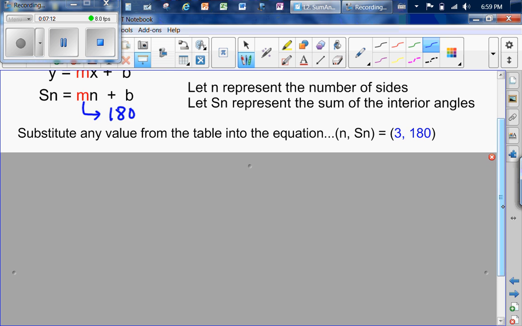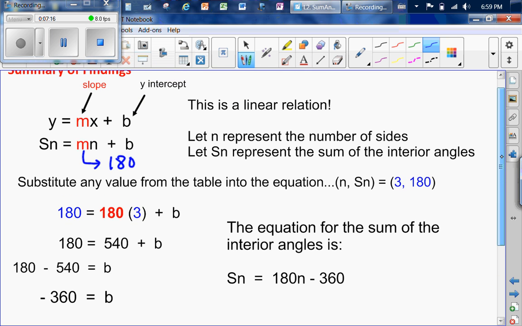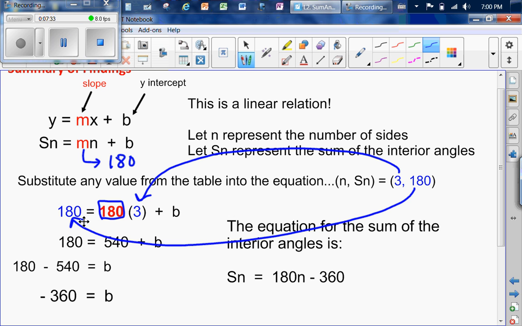So we're plugging in 3 for our x value, and we're going to plug in 180 for our y value.